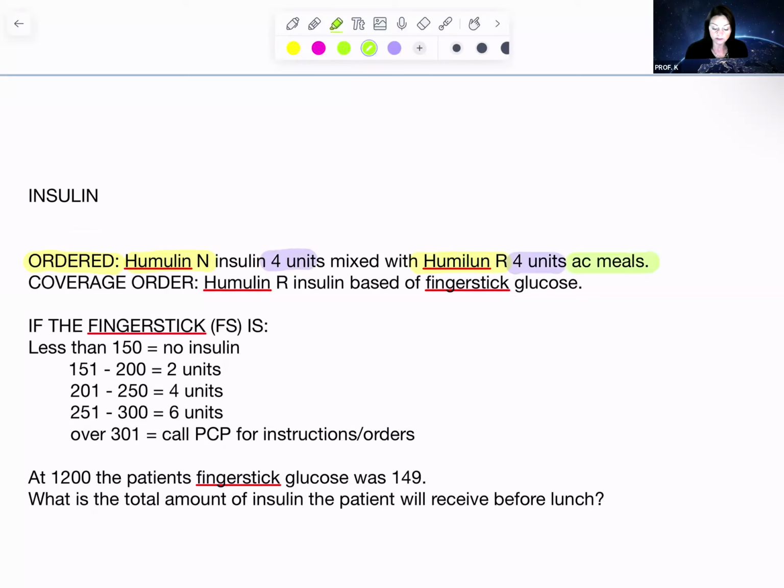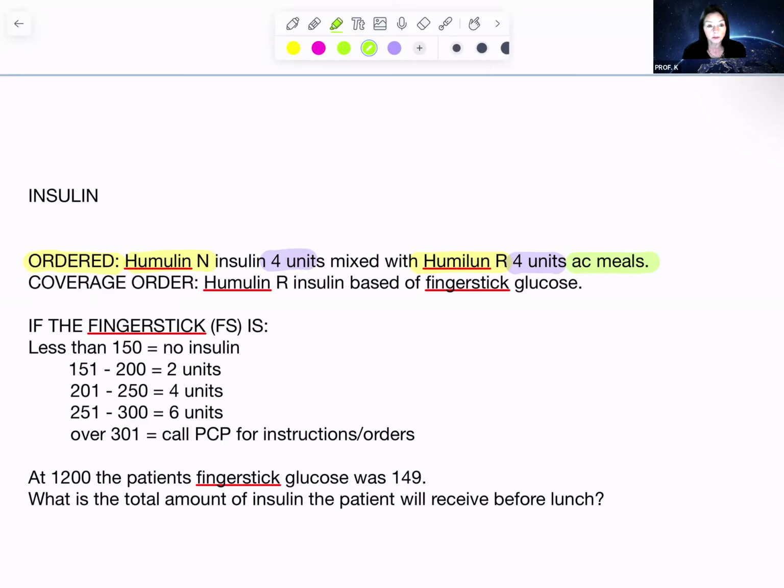What does AC mean? Before. So if you're reading an order and you go to give your patient this insulin and it's, I don't know, midnight, you're making a med error because the order says before meals.